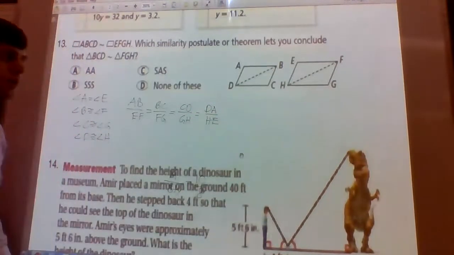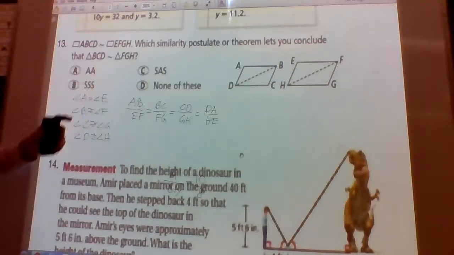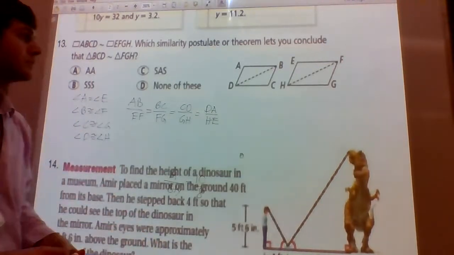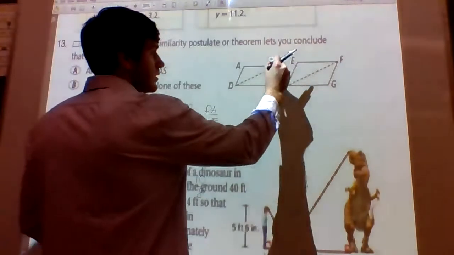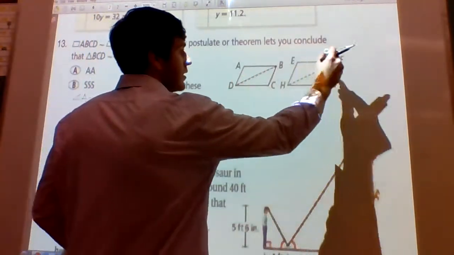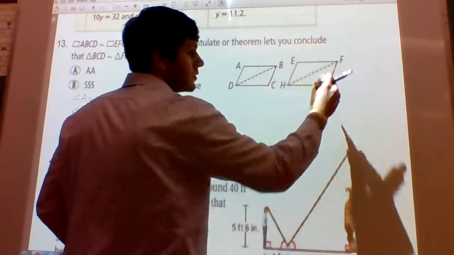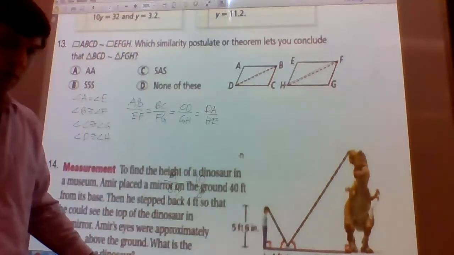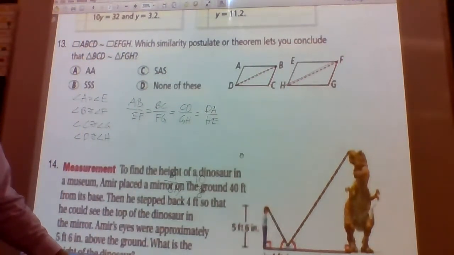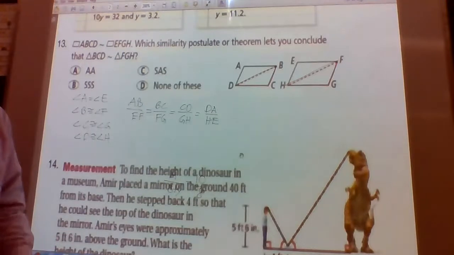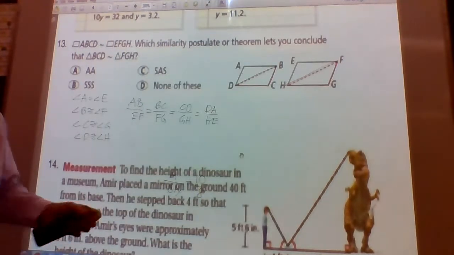So our question is, are these two triangles congruent? Is triangle BCD and FGH congruent? I mean, are they similar? So what do we know?